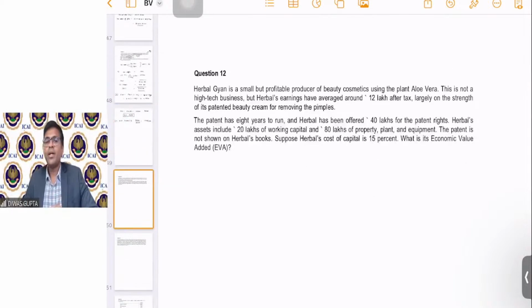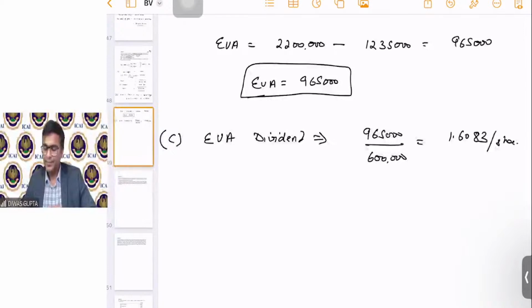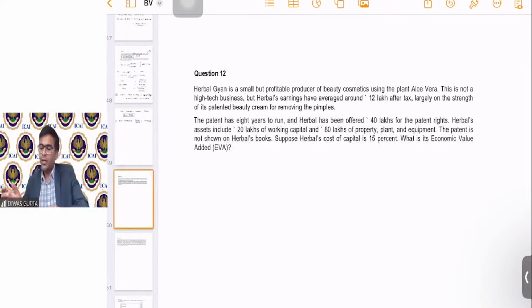Let's move to question number 12 quickly. Question number 12. Herbal Gyan is a small but profitable producer of beauty cosmetics using the plant aloe vera.